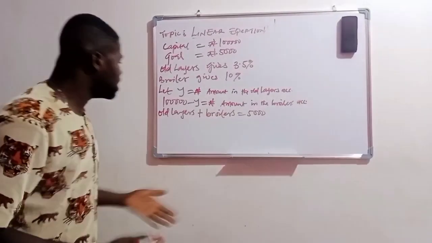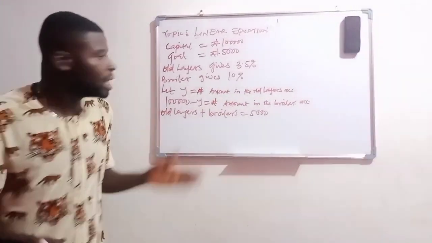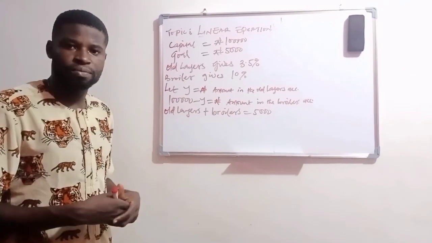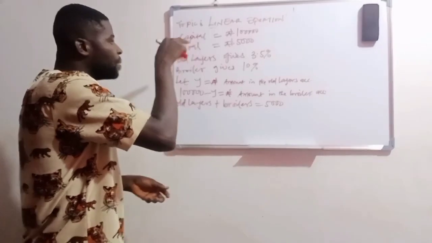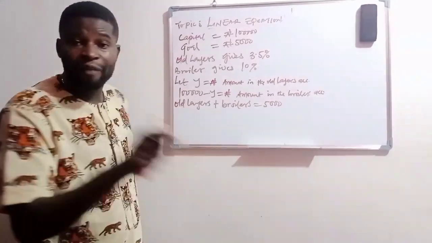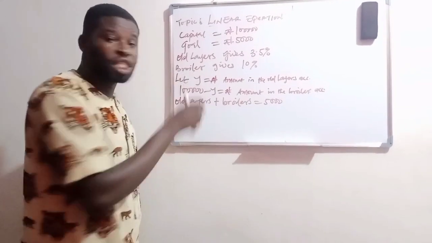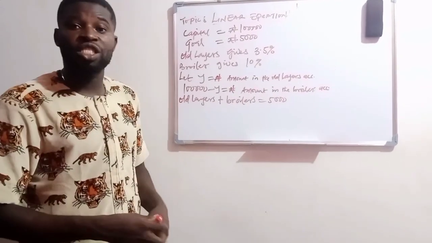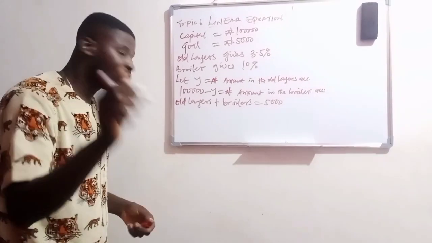So now, from this, how do we go about them? We calculate the percentages. So now, calculating the percentage of old layers, which is 3.5%, will give us 0.035.